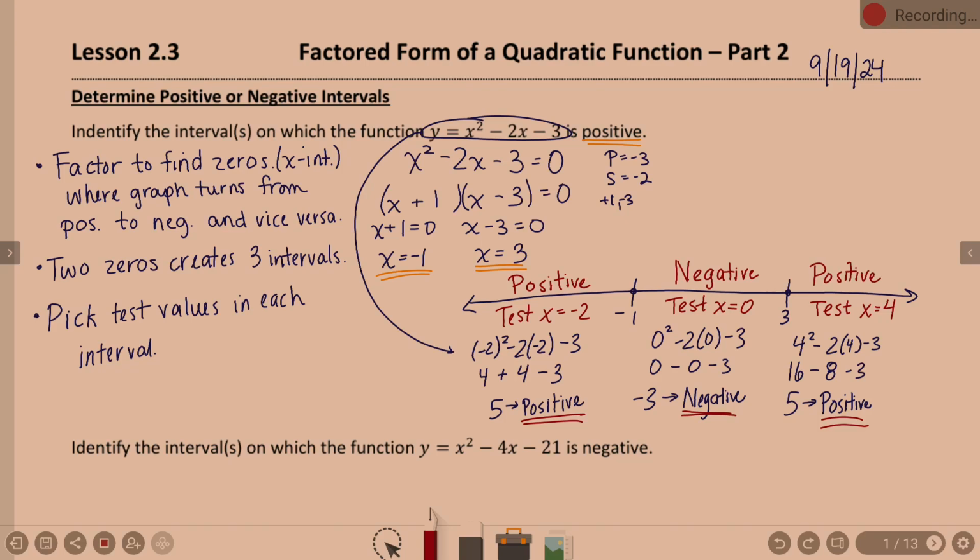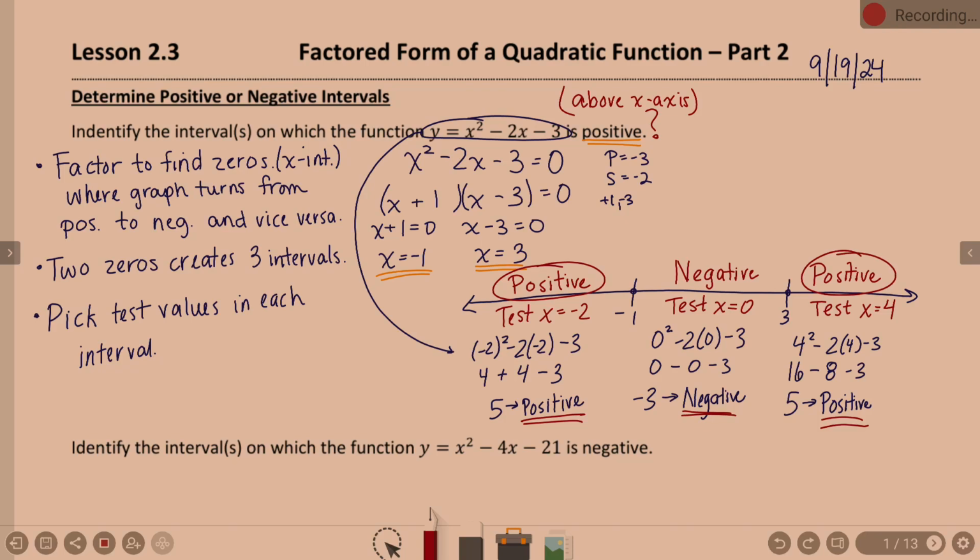So my question here was asking, identify the intervals on which the function is positive. When we say positive, we can talk about where it is above the x-axis, because that is what I'm asking here. Now, I just need to state those answers.